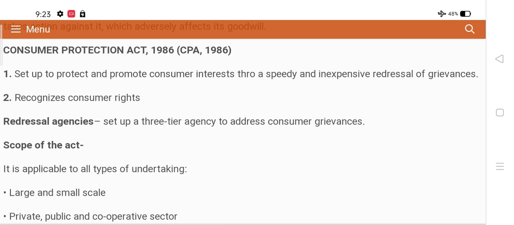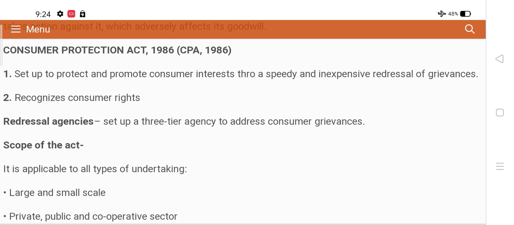So whatever grievances consumers have can be redressed, can be complained about, through a law called the Consumer Protection Act. Through the CPA 1986, speedy and inexpensive redressal of grievances can be done.